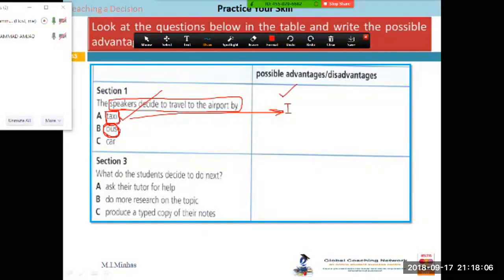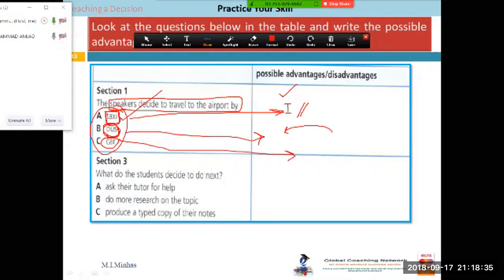The disadvantage is that a taxi is very expensive. A bus is cheaper, but again the disadvantages are timing and so on. A car is more convenient, but having a car means someone will be going to drop you. So these are different aspects that might be covered in the recording.